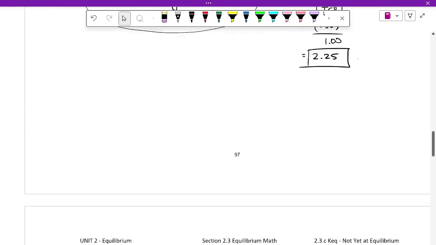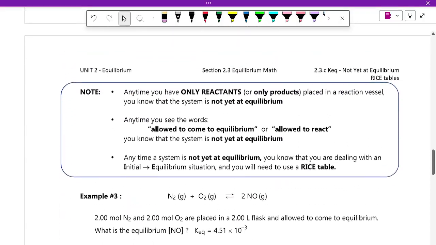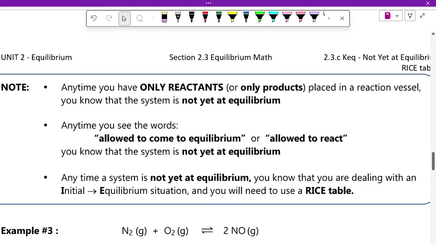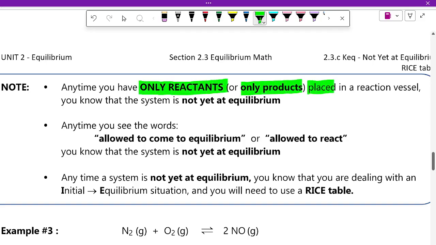We might, however, ask you to do something different. Just before we go into that, anytime you have only reactants or only products placed in a reaction vessel, say like a flask, you know that the system is not yet at equilibrium.